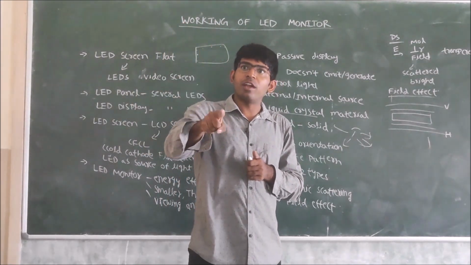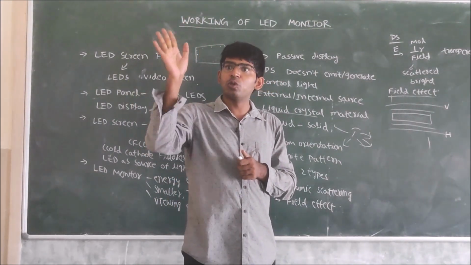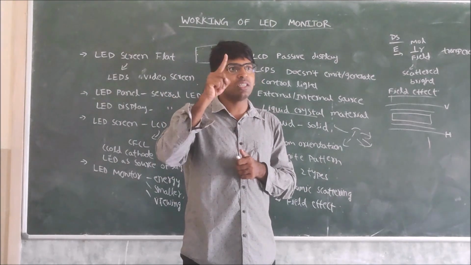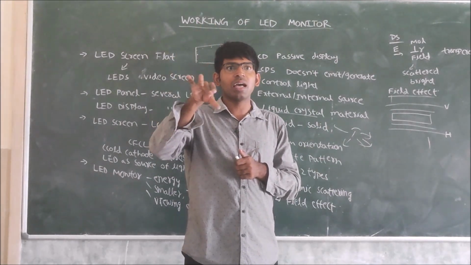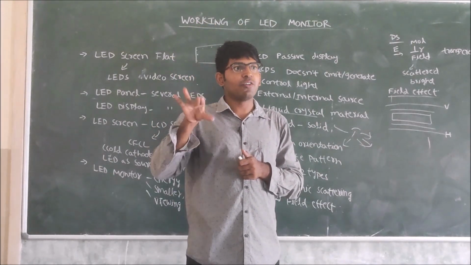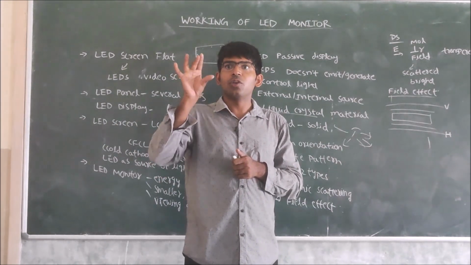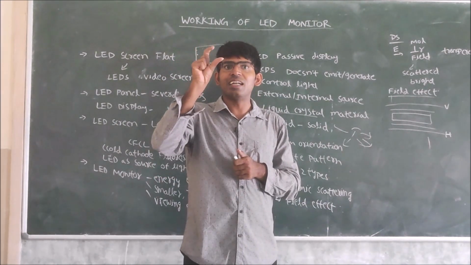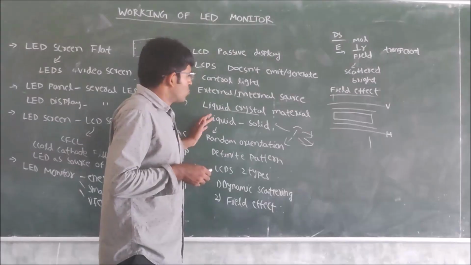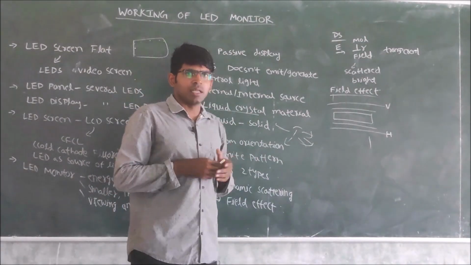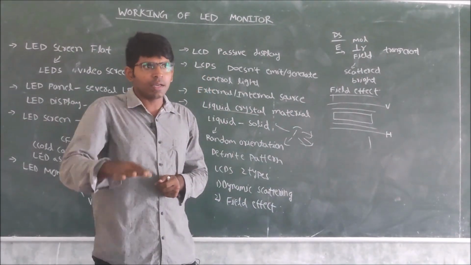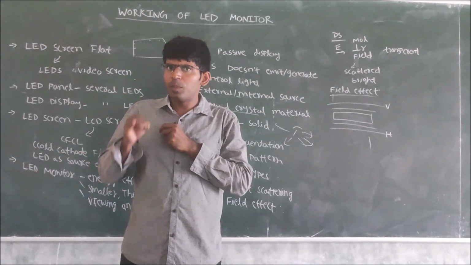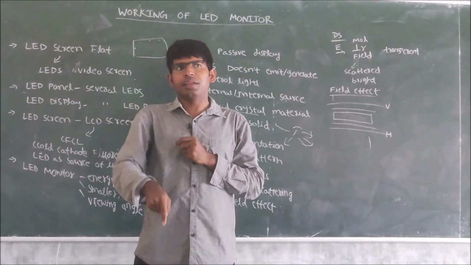That's why wherever you see, whether you go to the railway station, there also you can observe the LCD panel. Whenever you are seeing any panels, you are observing their LCD displays. So the advantage of using the liquid crystal is, when we supply the electric field, all the molecules will be oriented in a definite pattern.